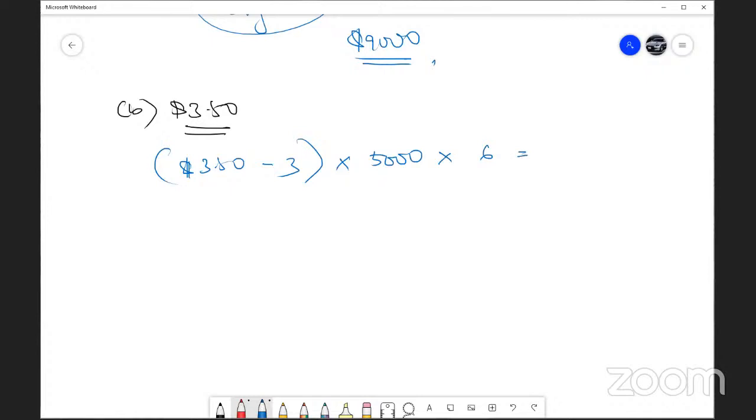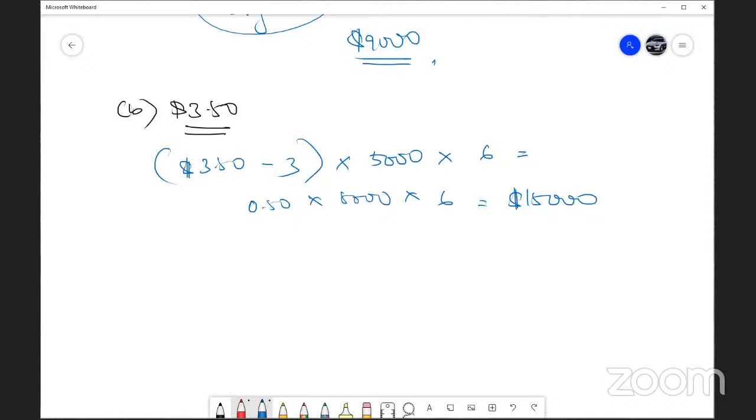So basically you get 50 cents multiplied by 5,000 multiplied by 6. 50 cents times 5,000 is 2,500 ringgit, times 6. So your total profit is $15,000.